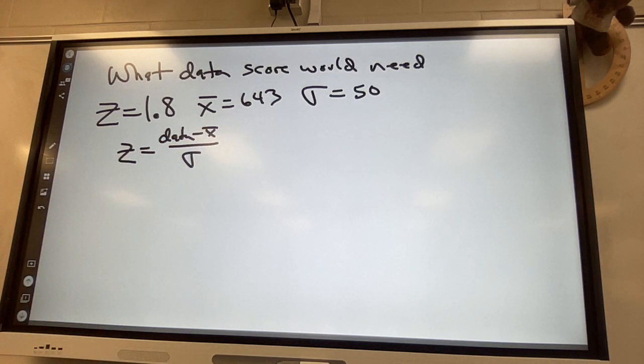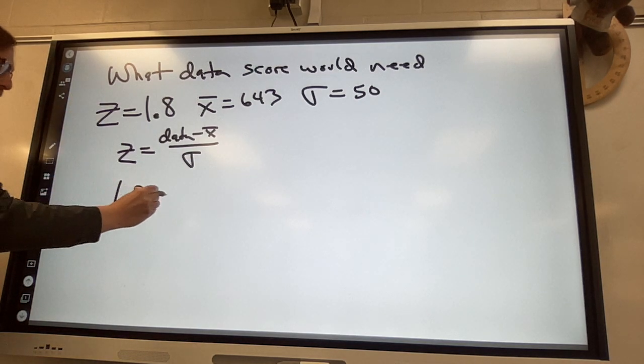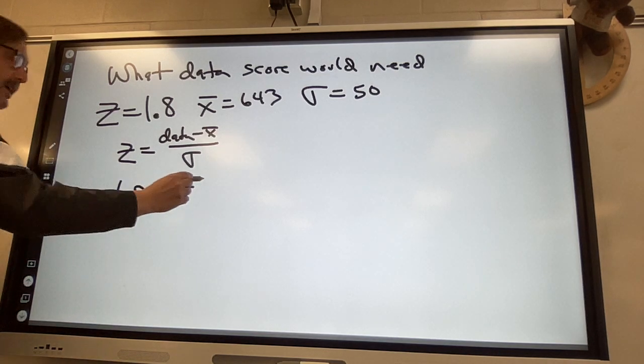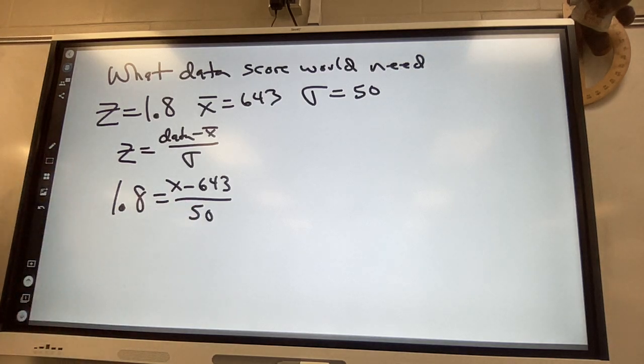We should know three of the 4 parts under the z-score. This might be the one you did, Gabby. 1.8 equals the data, let's call it x, minus the x bar, which is 643, over the standard deviation of 50.